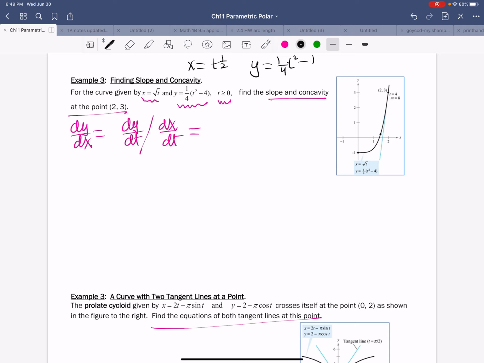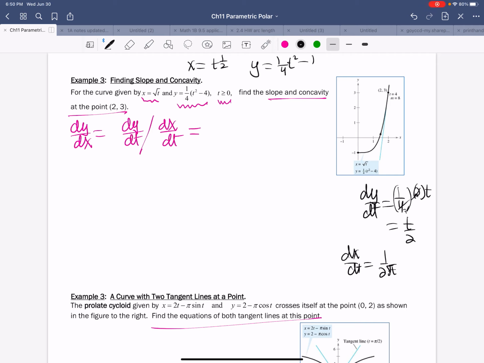Then dy/dt is 1/4 times 2t, which is t over 2. dx/dt is 1/2 square root of t.